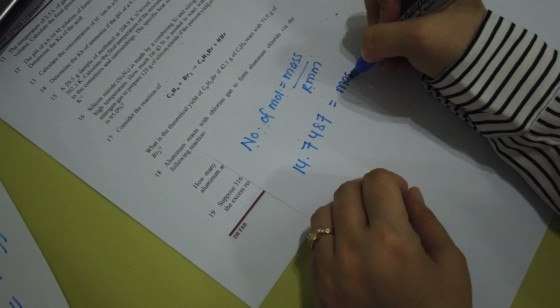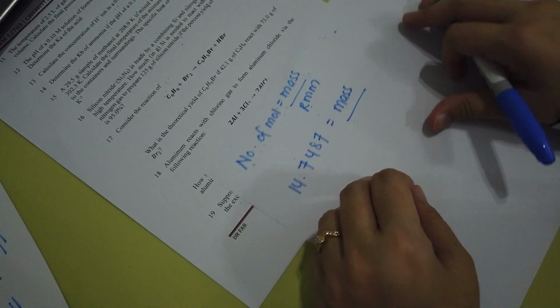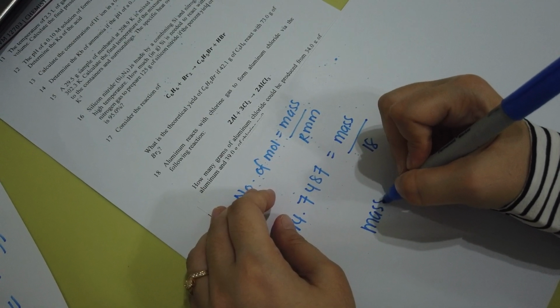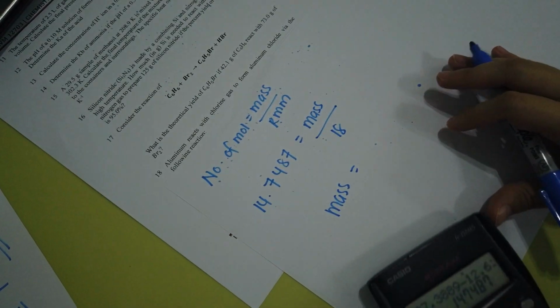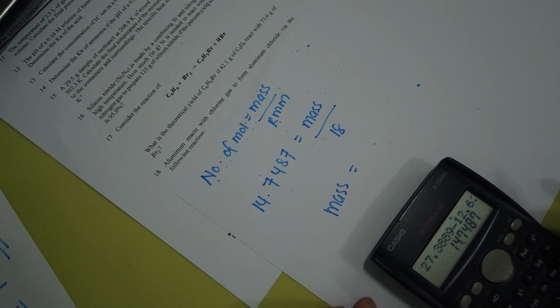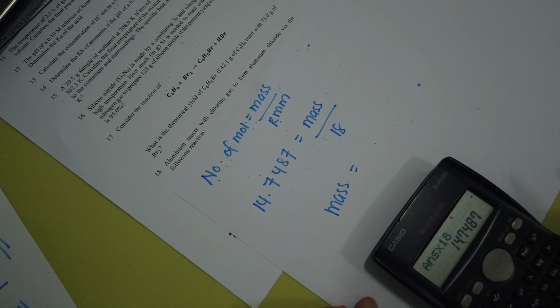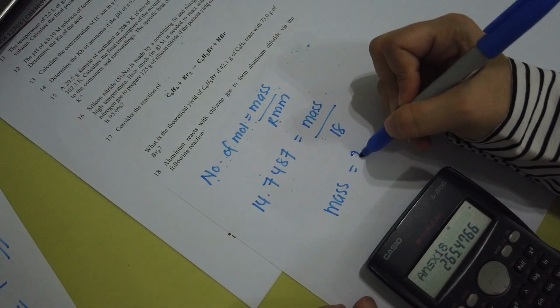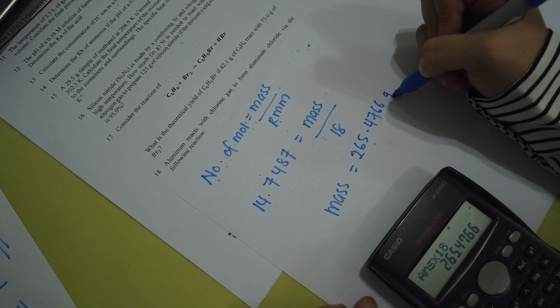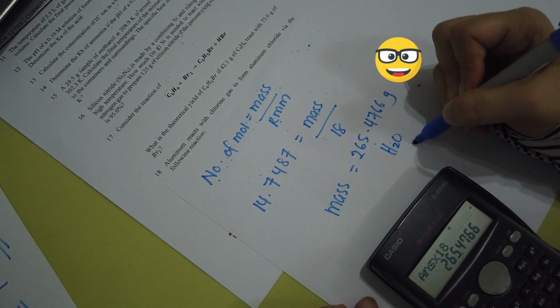The mass is what you are going to calculate, and the RMM for water is 18. So you get your mass equivalent to 14.7487 times 18, equivalent to 265.4766 gram of H2O.